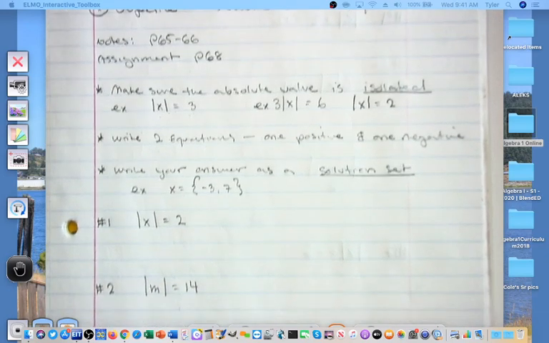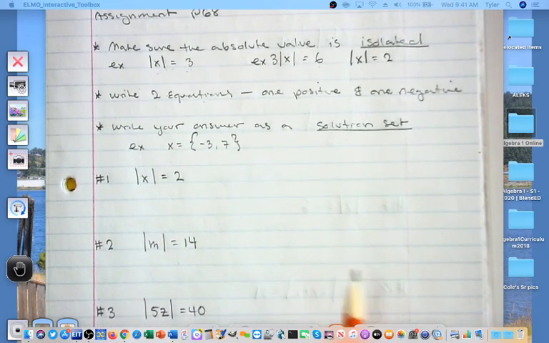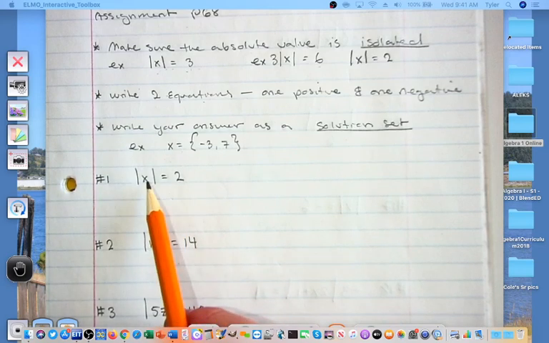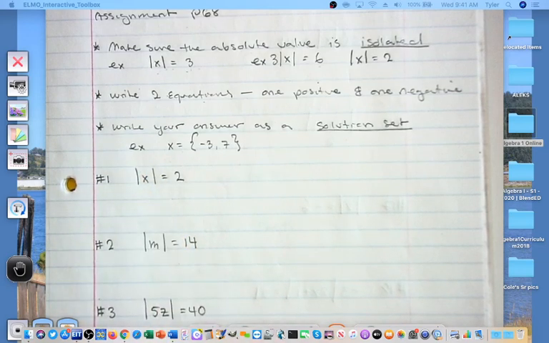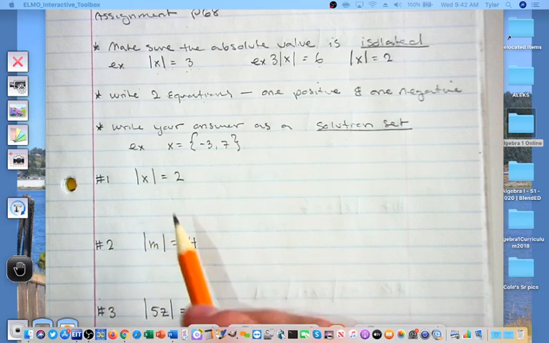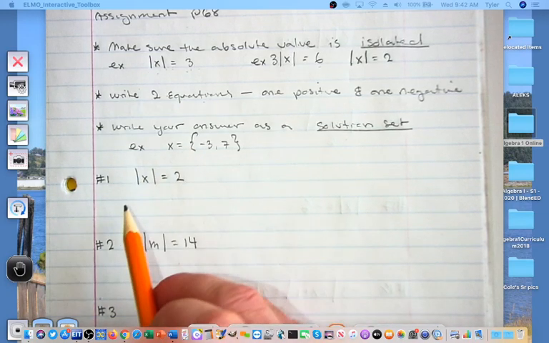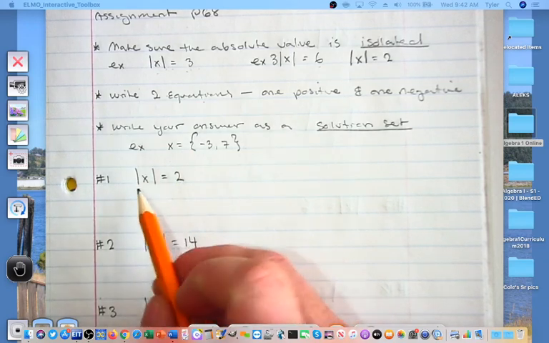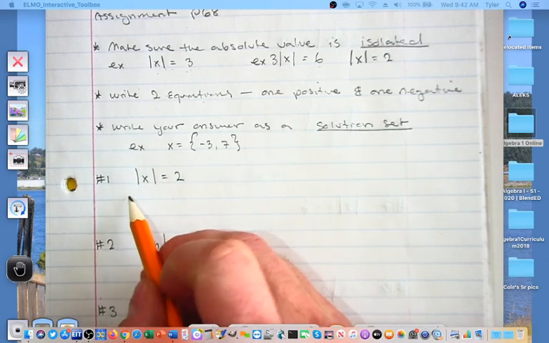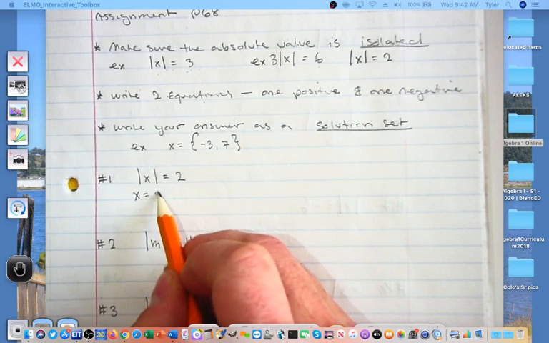So let's look at some easy examples, real easy ones right off the bat. First thing I see is that my absolute value is isolated. I can go ahead and proceed writing my 2 separate equations. My first equation, my positive equation, is going to be exactly what's written here with no absolute value signs. So x is equal to 2.